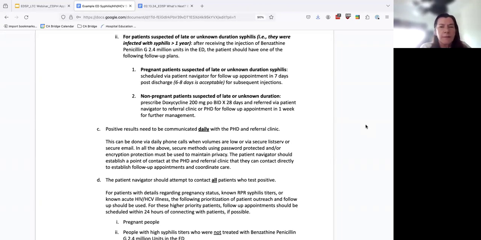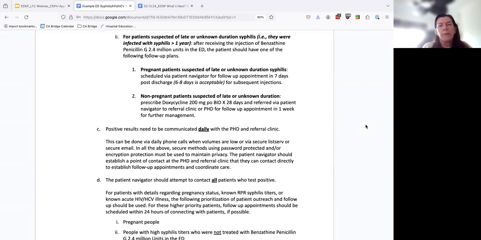Similarly, for non-pregnant individuals, you can also prescribe 28 days of doxycycline 200 milligrams, but I would still refer that patient for follow-up in 1 week. In case they didn't pick up that doxycycline and they didn't start it, then either give them a follow-up injection when they come for those follow-up appointments, or just encourage that individual to start their doxycycline.